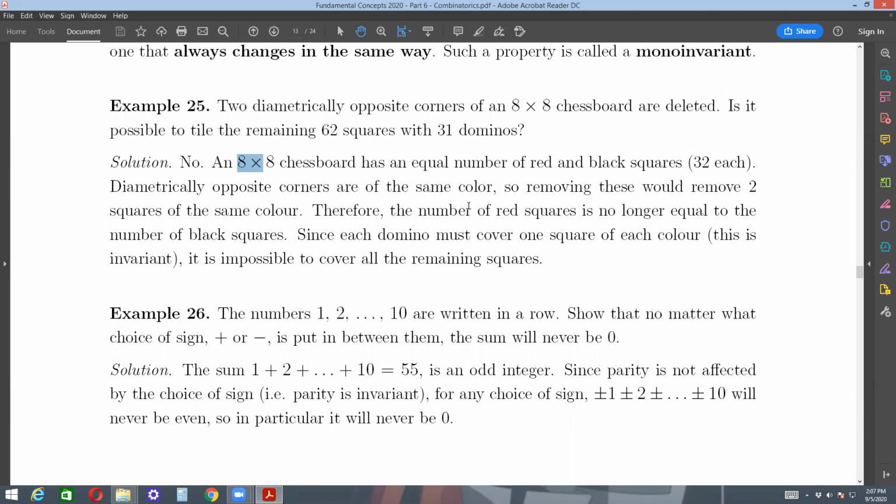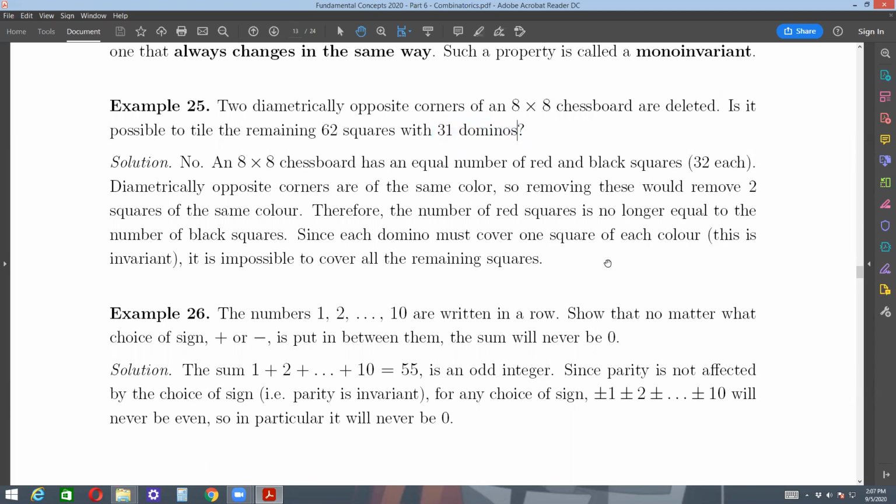Without loss of generality, suppose you remove two red. It means that now there will be 30 red squares and 32 black squares. But one thing to note is that a domino covers two adjacent squares, so it must cover a red and a black. So no matter how you tile this, there will always be two black squares remaining, because there are more black than red. Since the dominoes cover an even number of black and red, it will always leave two black ones remaining.